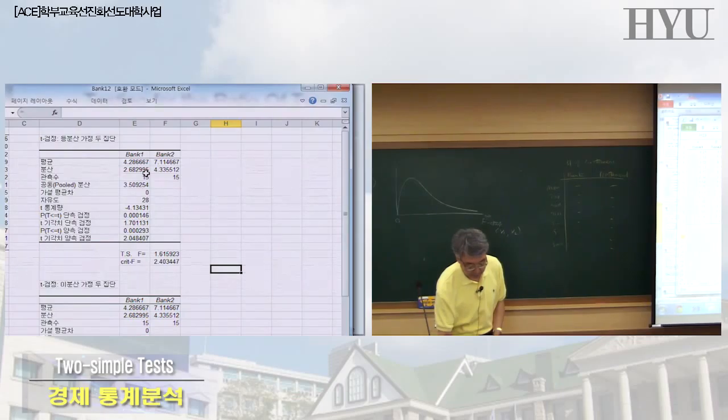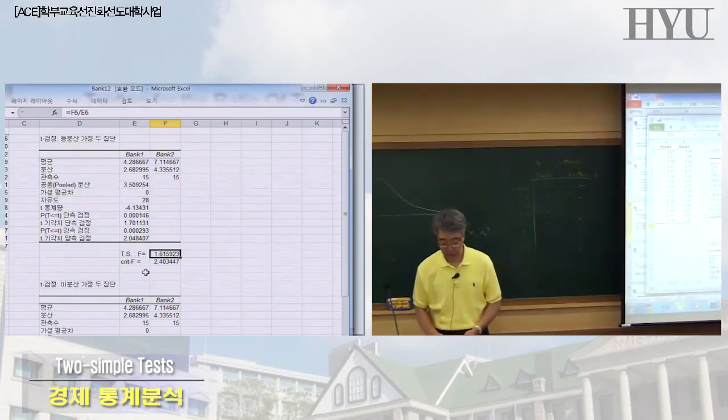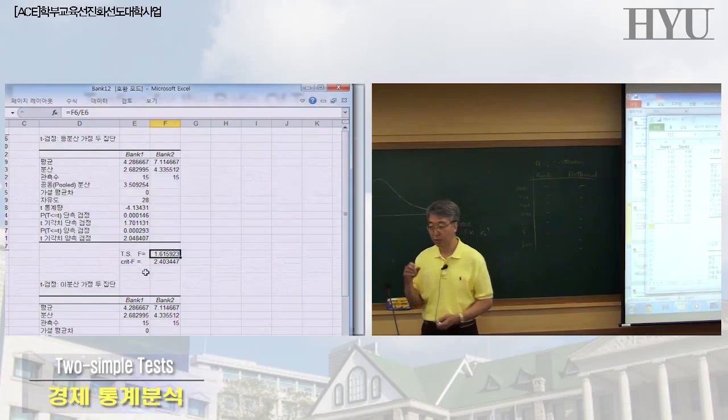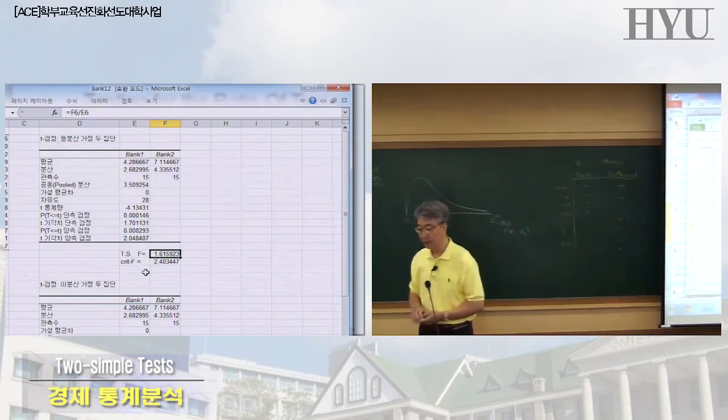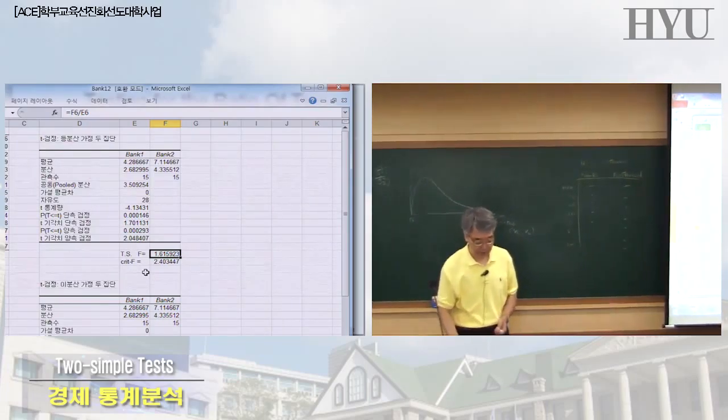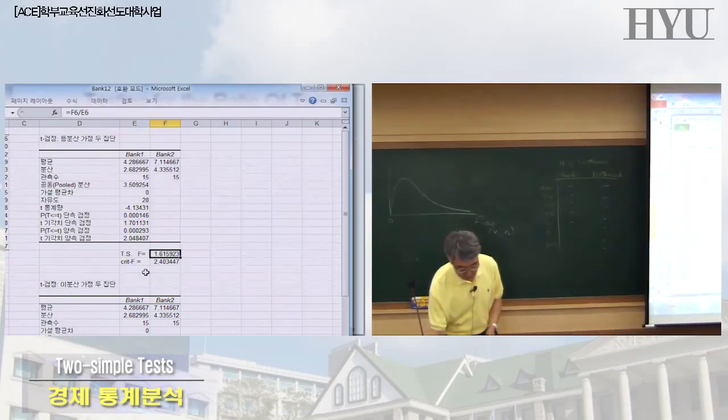That's how I calculated the F statistic here. So if you're running an F test to find out whether you should run an equal variance test or an unequal variance test, you have to calculate the test statistic, and that is F6 divided by E6. So this one divided by this, because this one came out to be larger.